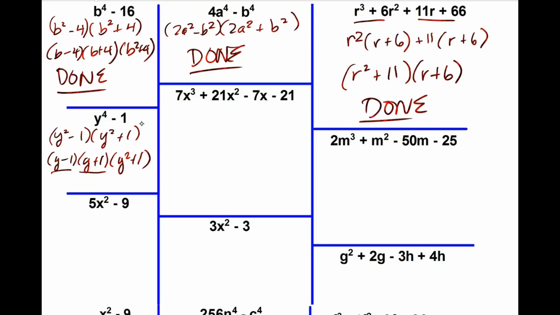Because our outer and inner terms cancel. Outer, inner, gone. We'll be left with y to the 4th minus 1. All right, we're D-O-N-E. Okay, let's look at the next one.